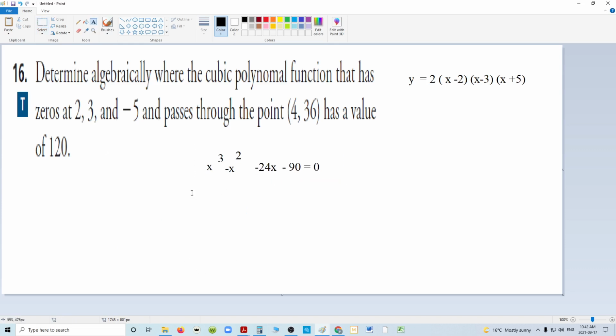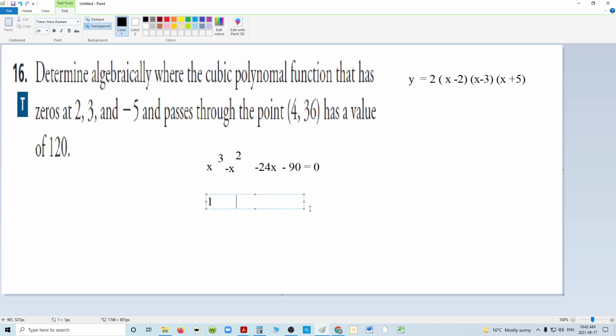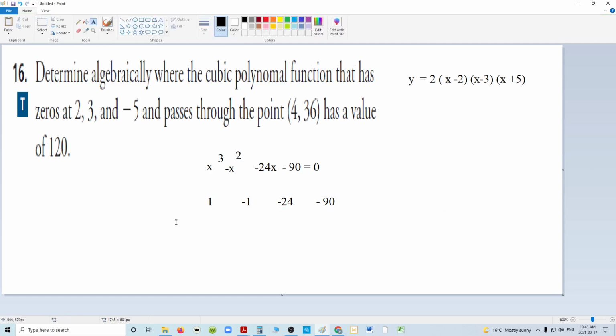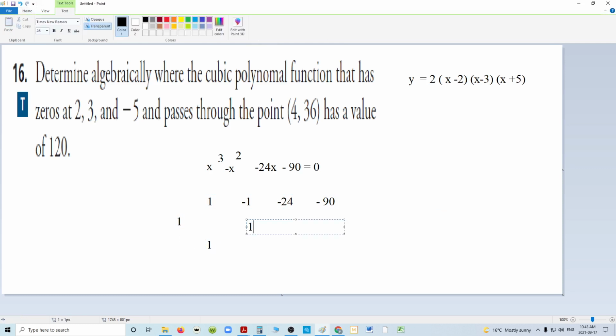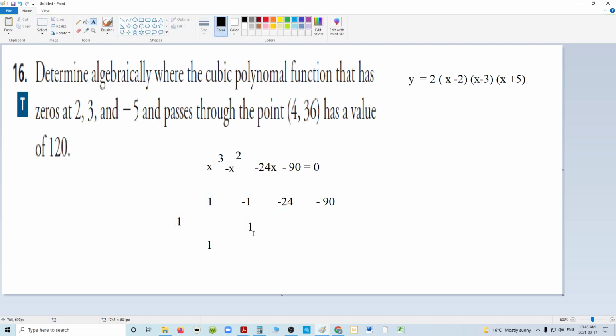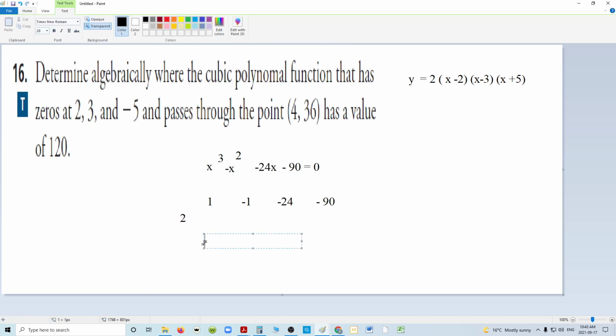Okay, so you're dealing with the coefficients 1, minus 1, minus 24, and minus 90, and I'm quite sure we're dealing with something above 1. Yeah. Okay, so let's go right to 2.